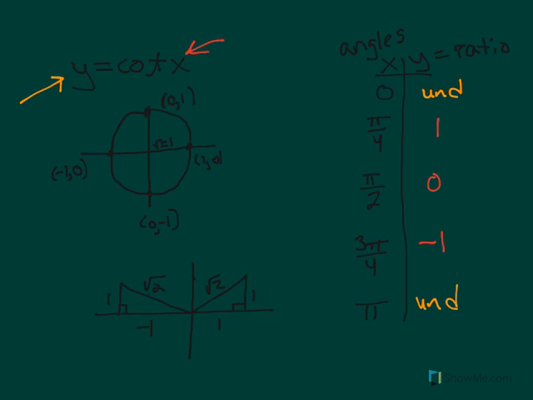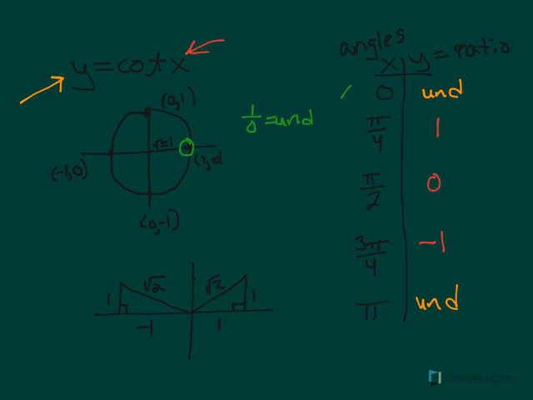So if we look at the cotangent ratio, if we have a rotation of 0, that's going to put us right here. Remember, your cotangent ratio is the x coordinate divided by the y coordinate, so you're going to get 1 divided by 0, which is undefined.